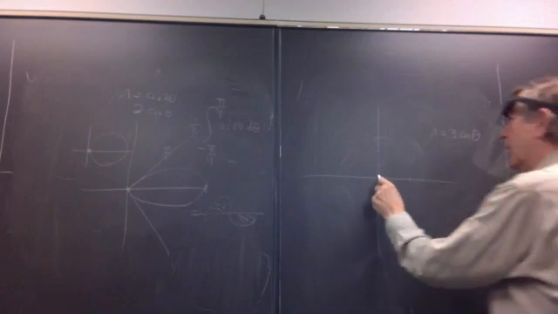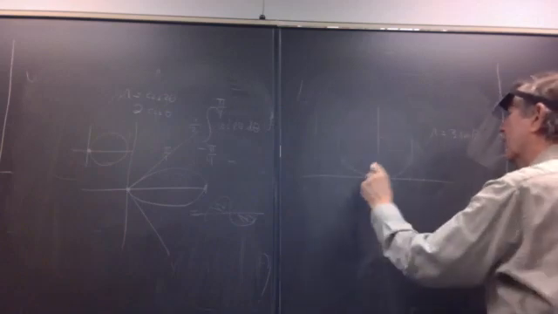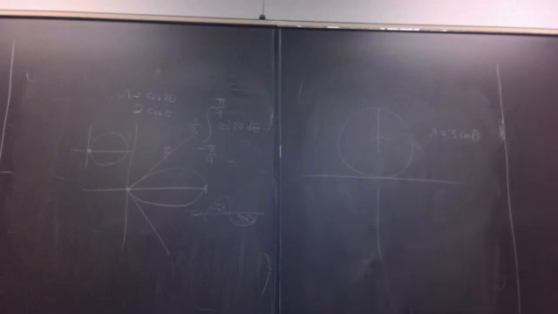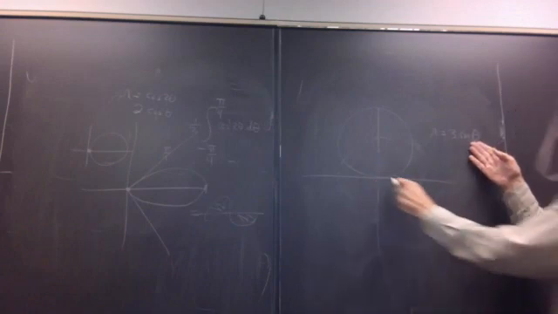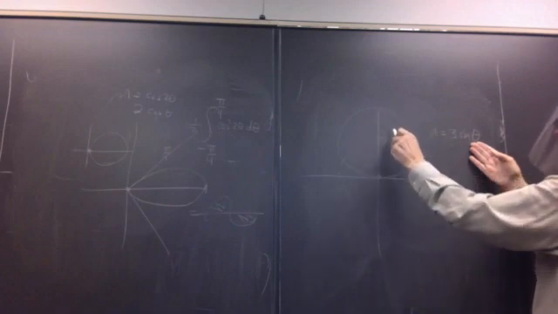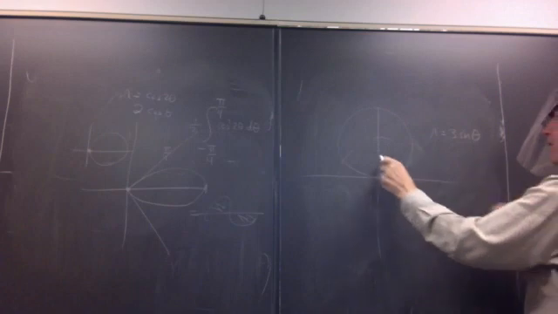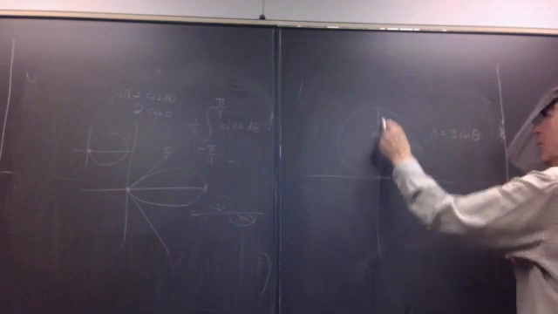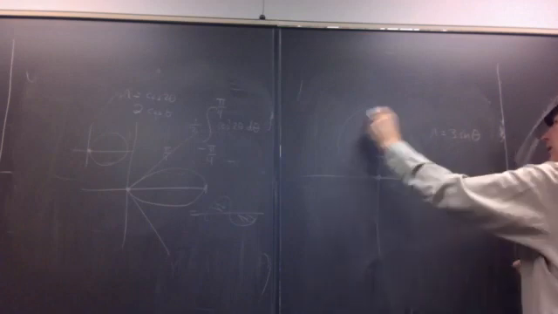When you do this one, you're going to find out that it's like this. How do you know that? When theta is 0, you're at 0. When theta is pi over 2, you will be at 3. And so, anyway, you can figure that out.